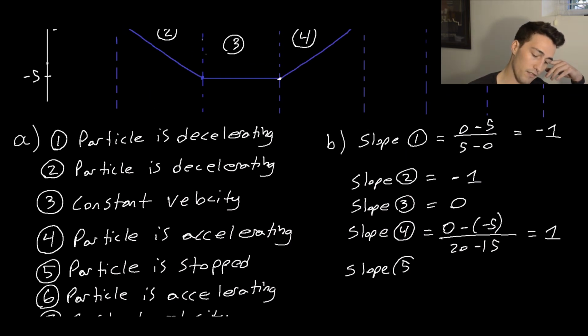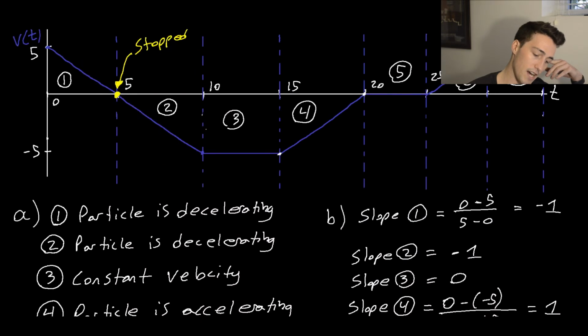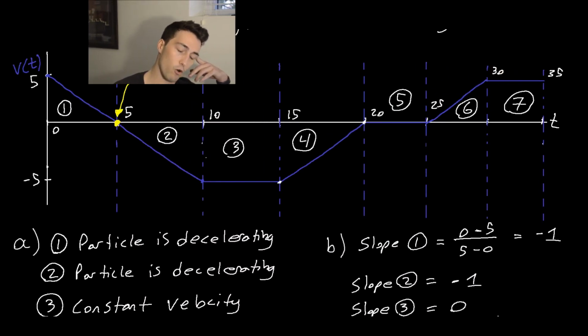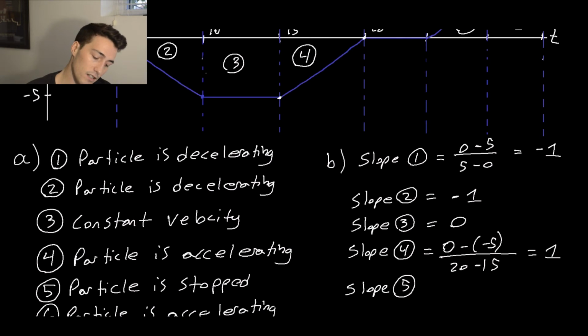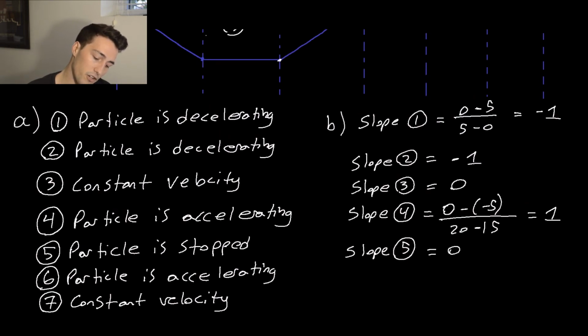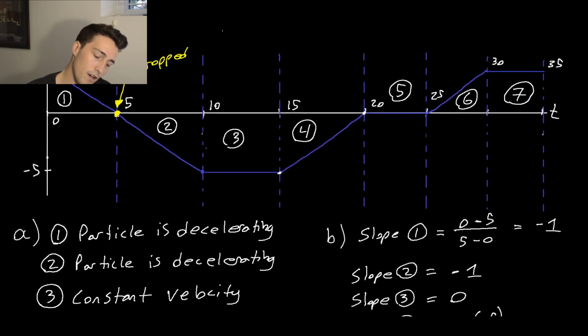Now we have the slope of section 5. If we look at section 5, well, here again it's another horizontal line. So we're actually not going to have a slope here. So slope is equal to 0. It's similar to 3. The slope of section 6, if we look at that, well, that went from 0 to +5, and then the time was from 25 to 30.